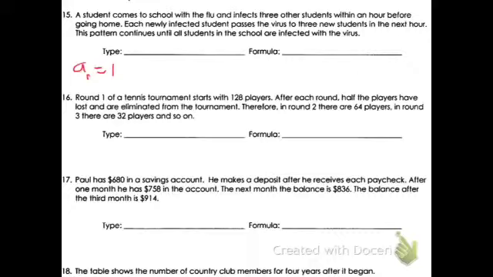Pattern continues until all students at school are infected with the virus. So we start out with 1, and the r, you notice it's multiplying every time, is going to be 3, because it's times by 3 every time. So it's going to be geometric, and the formula for that is going to be a sub n equals 1 times 3 to the n minus 1 power.